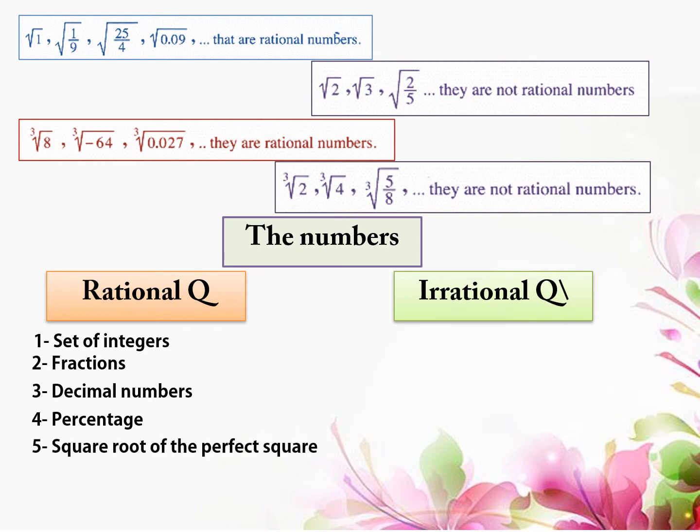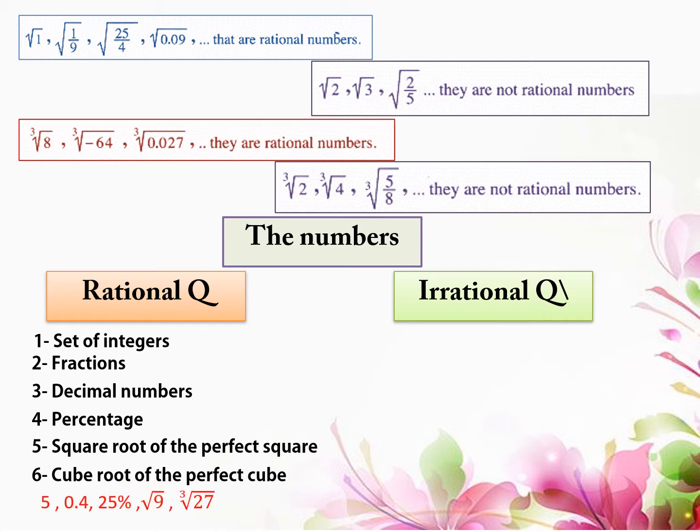Square root of the perfect square numbers. Cube root of the perfect cube numbers. So we have 6 forms for the rational numbers: integers, fractions, decimal numbers, percentages, square roots of perfect square numbers, and cube roots of perfect cube numbers.